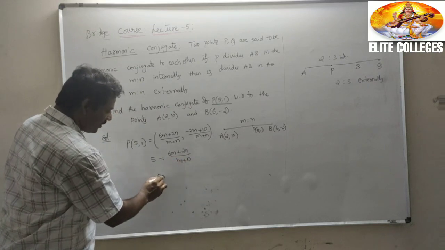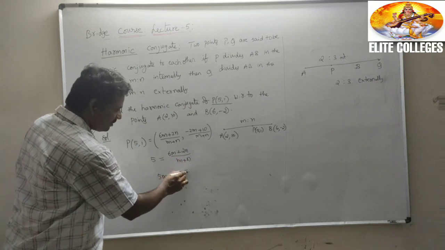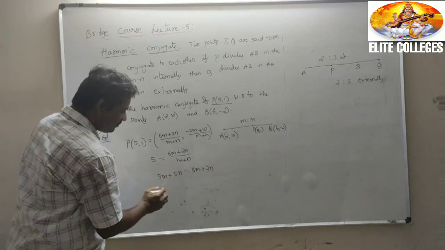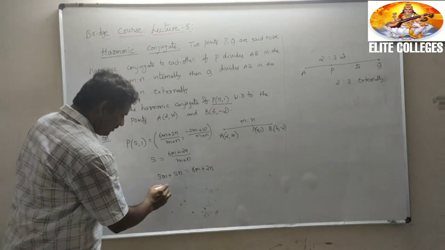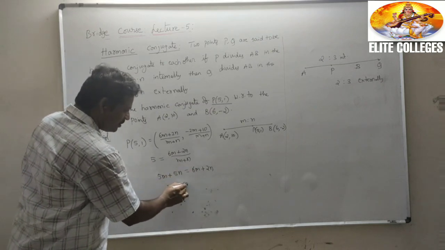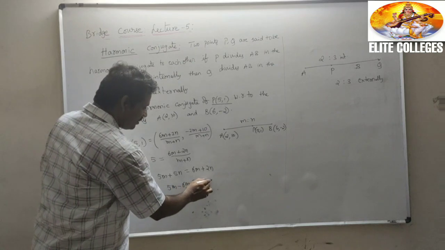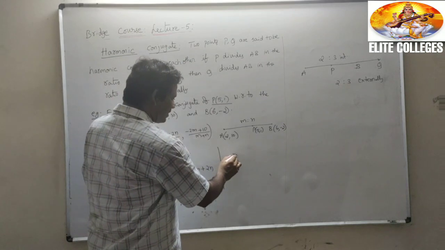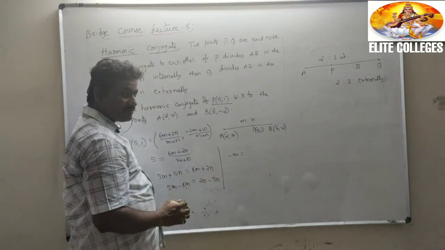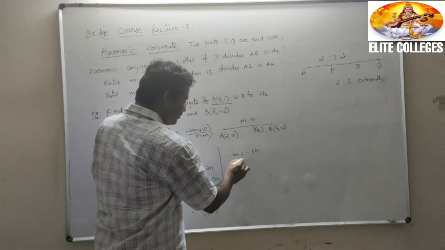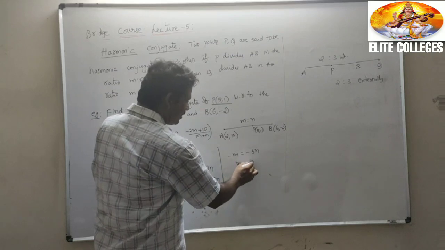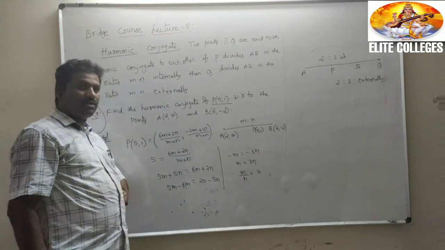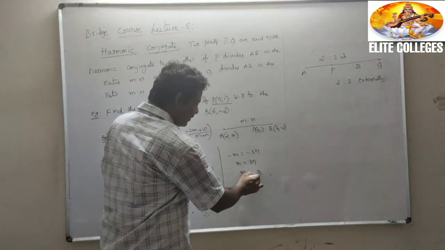Cross multiply: 5m plus 5n equals 6m plus 2n. So taking m to one side, 5m minus 6m equals 2n minus 5n, that is minus m equals minus 3n, then m equals 3n. What is m by n equal to? 3. m by n equals 3, that means 3 by 1.